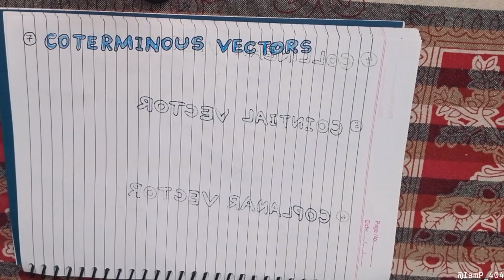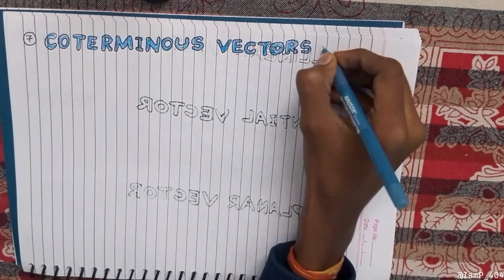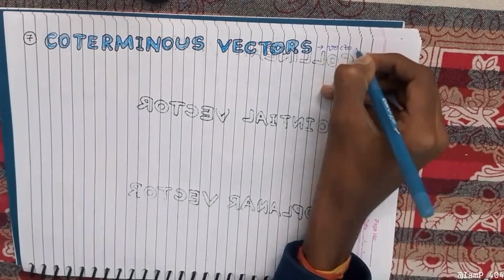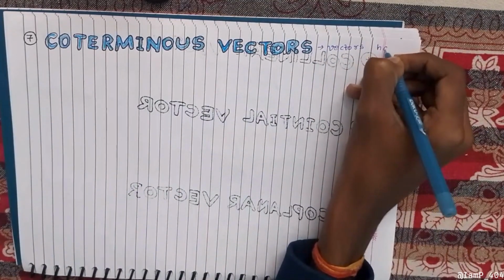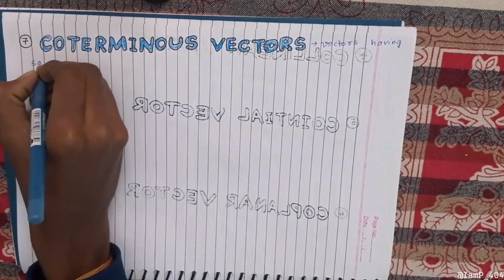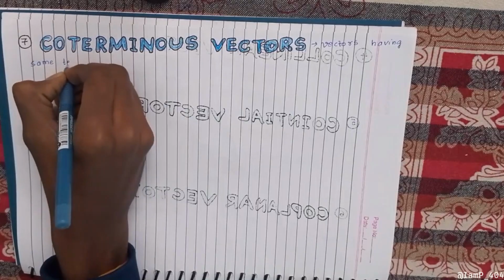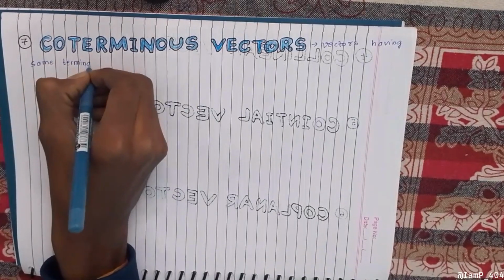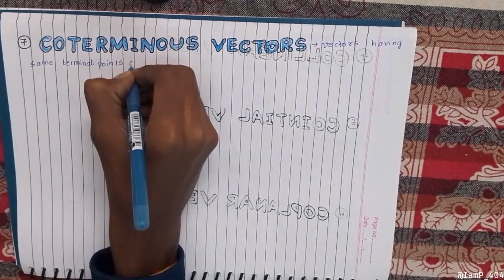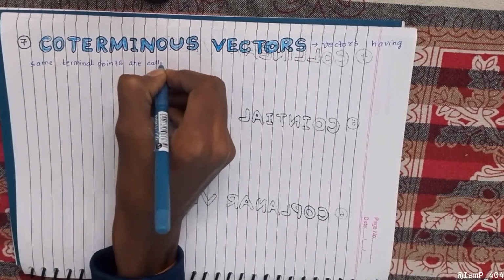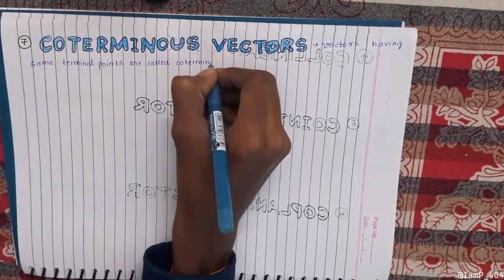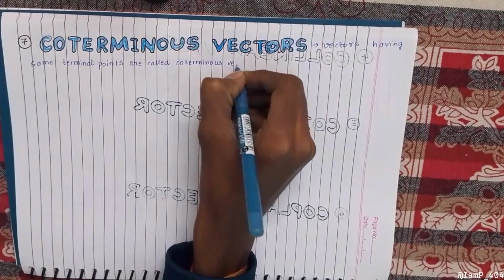We wrote about coterminous vector. Vectors having the same terminal points are called coterminous vectors.